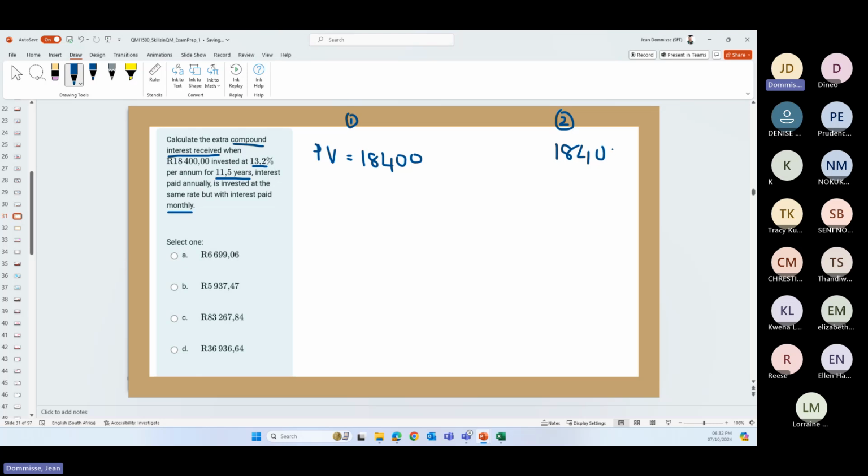You will invest 18,400 at the interest rate of 13.2%. For 11 point, so N is 11.5.